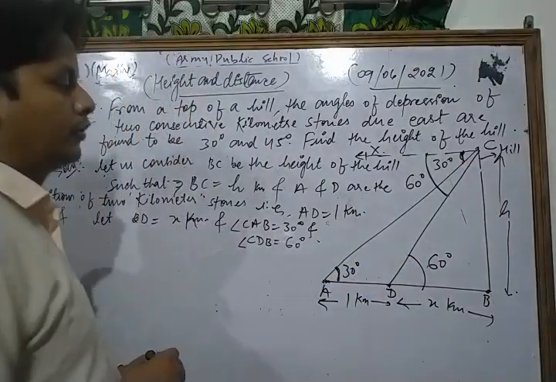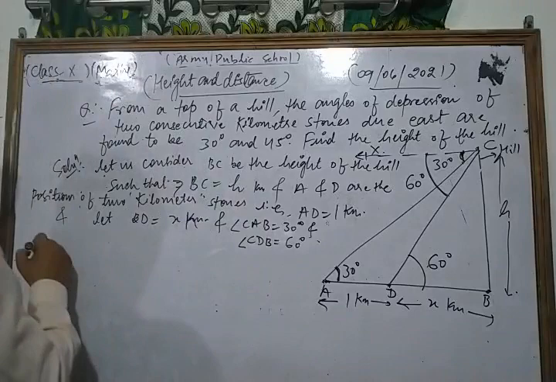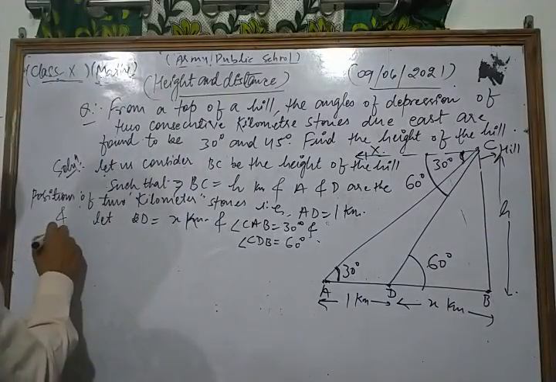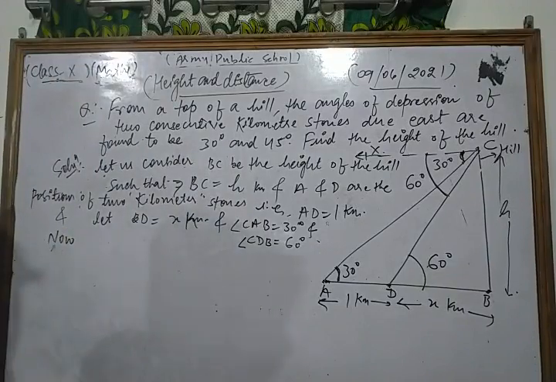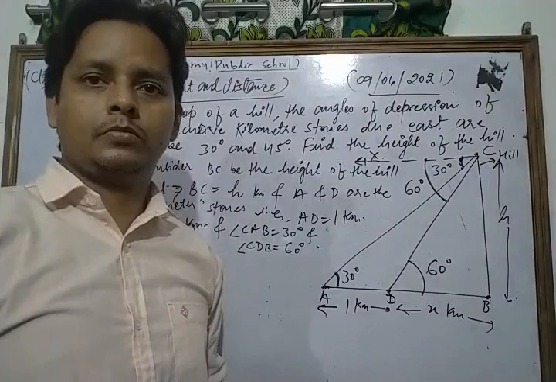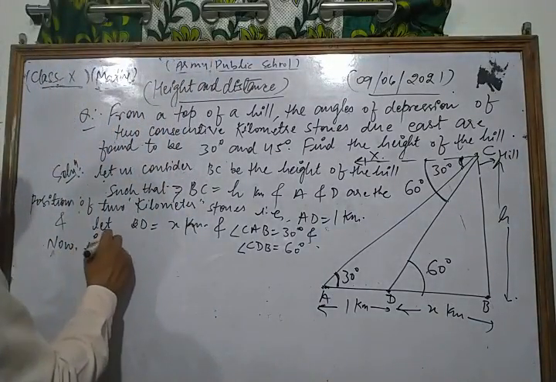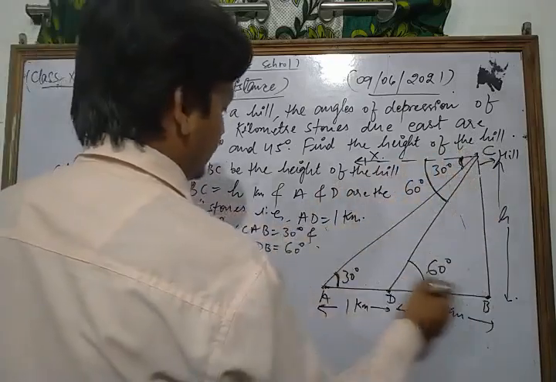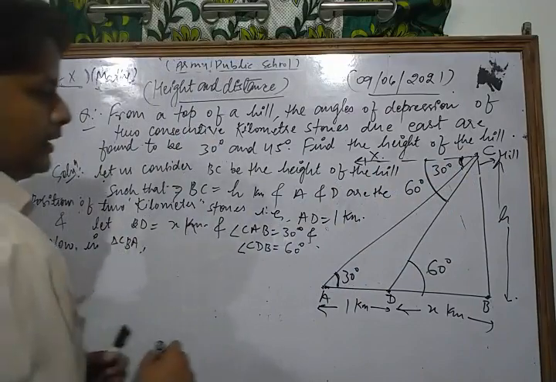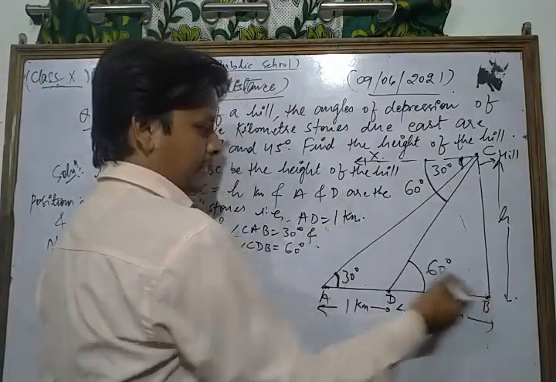Now first of all we take right angle triangle CBA. In triangle CBA, this is your perpendicular and AB is your base.